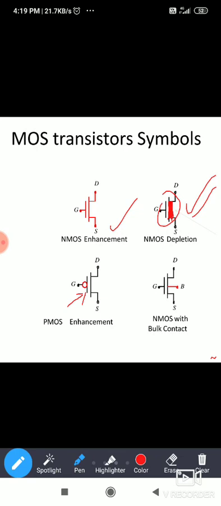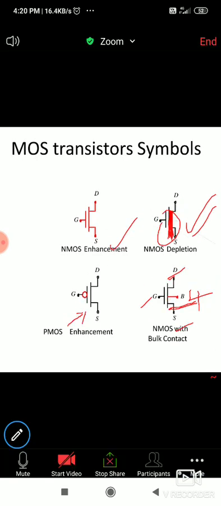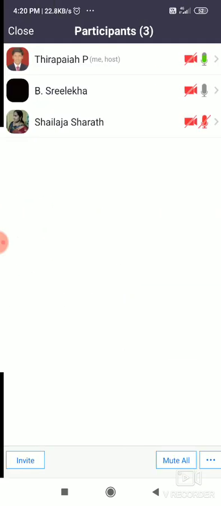Generally in MOS transistors, either NMOS or PMOS, there are a total of four terminals. First one is drain, gate, source. Fourth one is bulk.